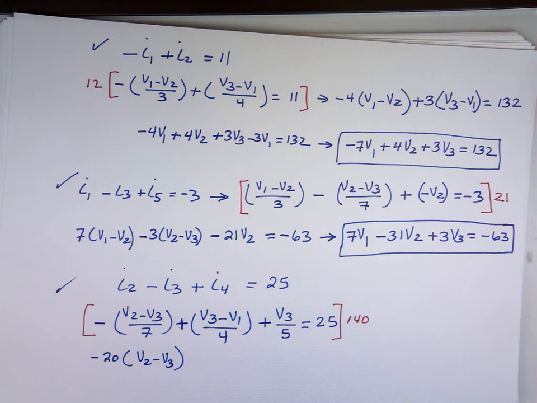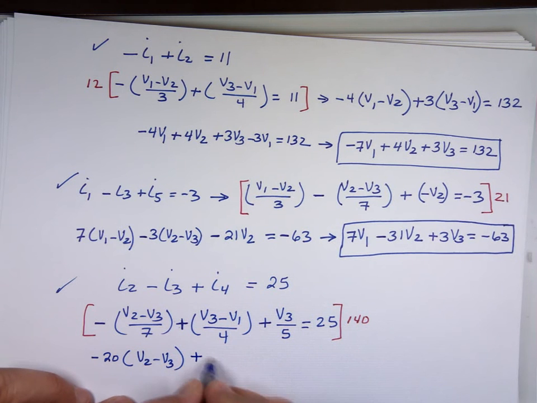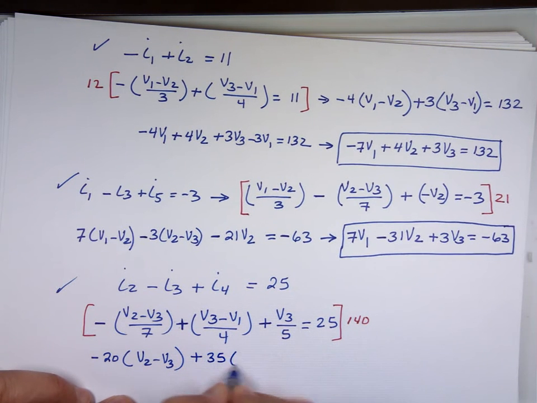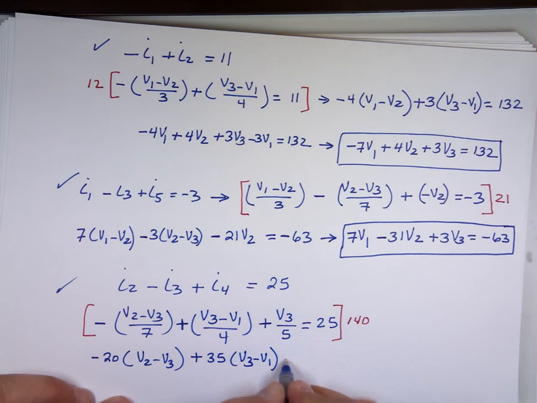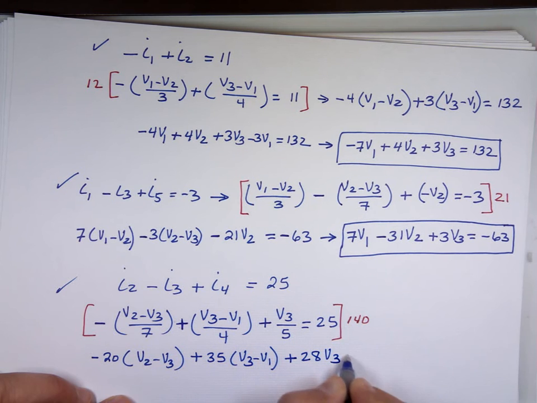Plus 35 V3 minus V1. Plus 28 V3 equals, is that 3,500? 25 times 140. Oh, I forgot to turn it on here. 25 times 140, I think it's 3,500.